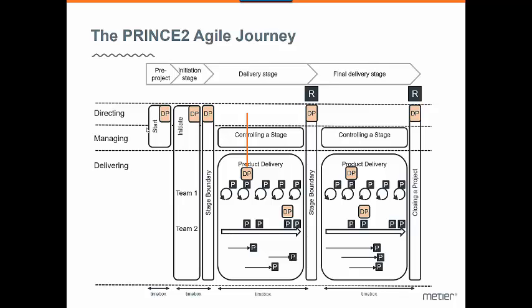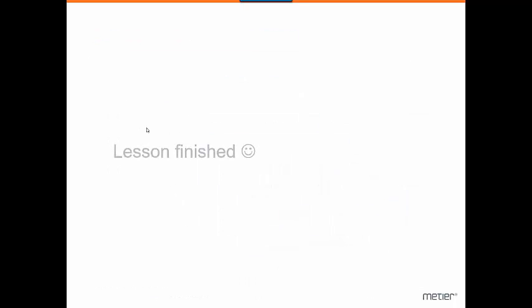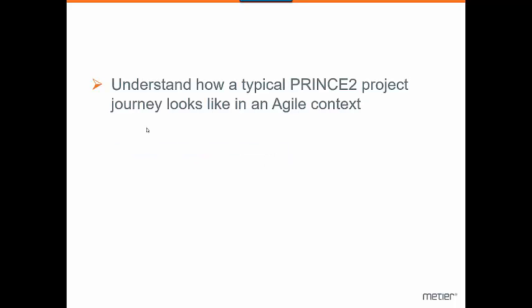And that's your PRINCE2 Agile journey, which was the whole point of this lesson. That means the lesson is finished. Let's check back with the objectives in order to see if we have covered them. And the objective was only one this time. Understand how a typical PRINCE2 project journey looks like in an Agile context. I hope very much that we've done that and you have a better understanding.